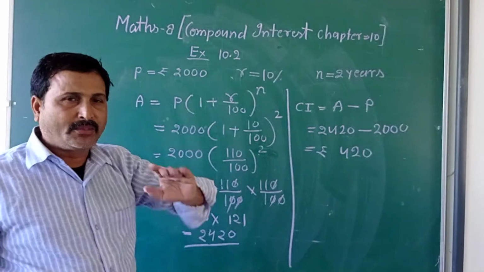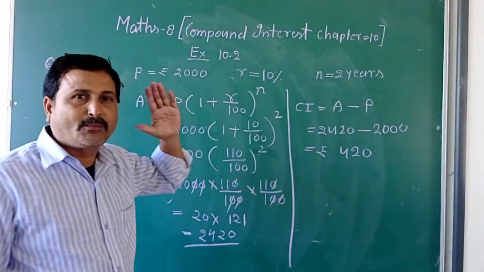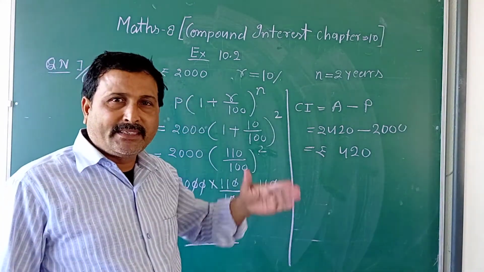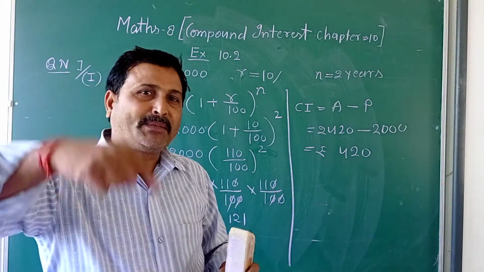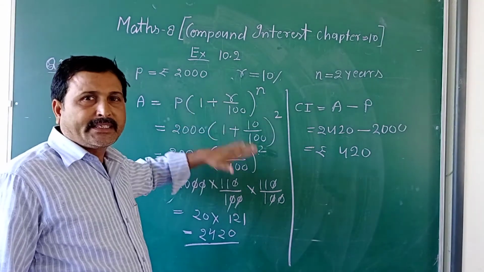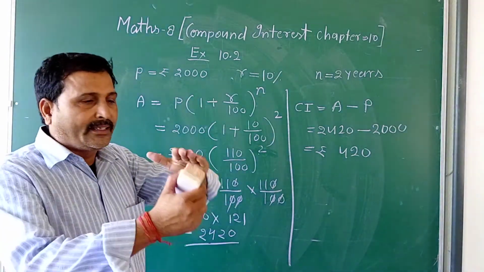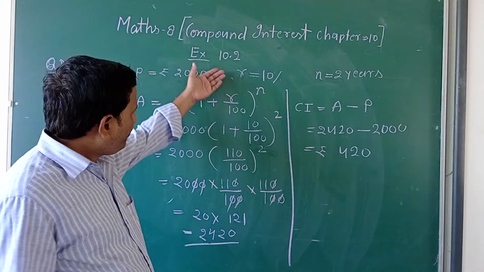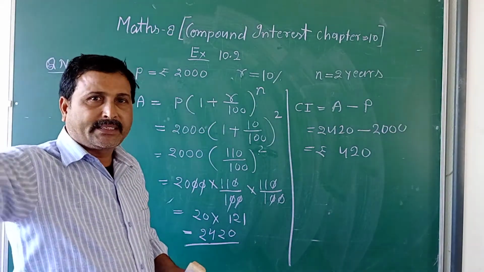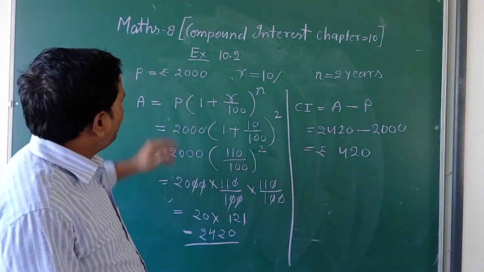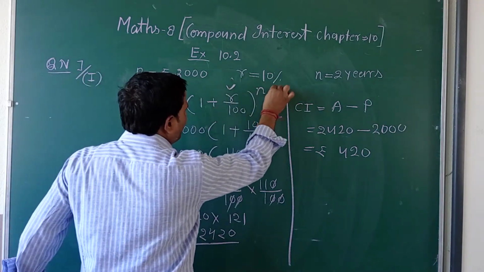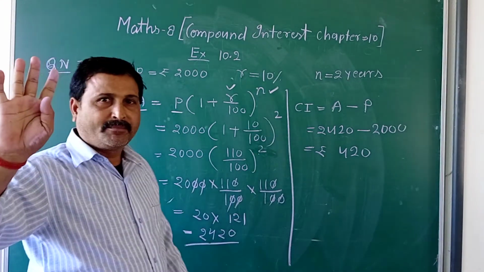One method is given in the book, step by step, meaning you calculate the interest of the first year, then the amount after the end of the first year; that amount will be the principal for the second year. After the second year, again interest for the second year. But here you see that amount, principal, rate and time, 4 variables are there.